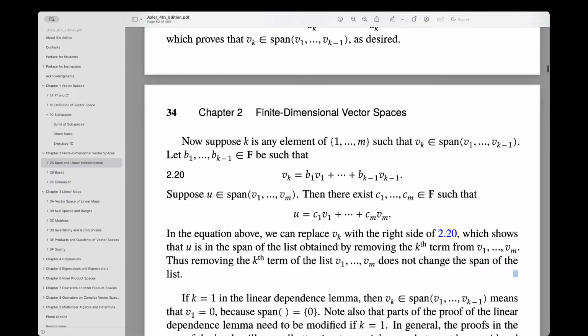Recall that linear independence means that there's only one way to make this sum zero, with all the scalars being 0. So the negation of linear independence means there exists a scalar that isn't 0 such that the sum here is 0. Make sense?